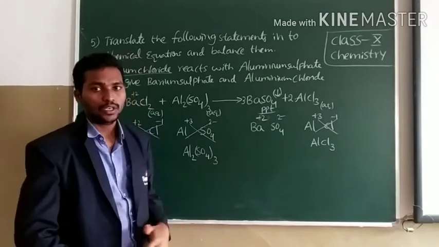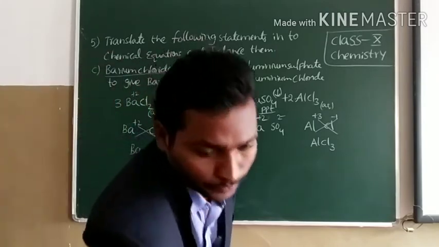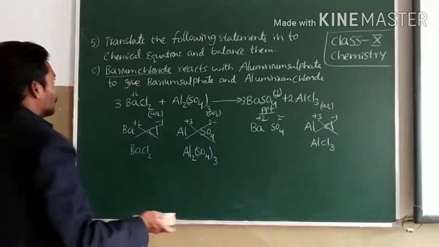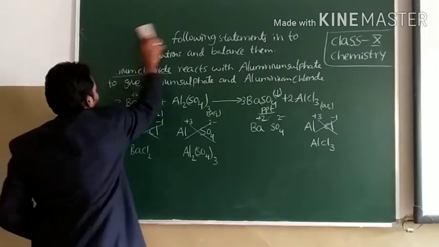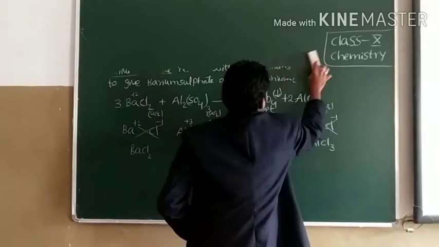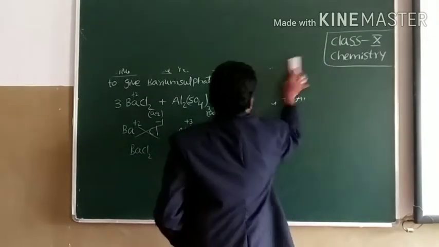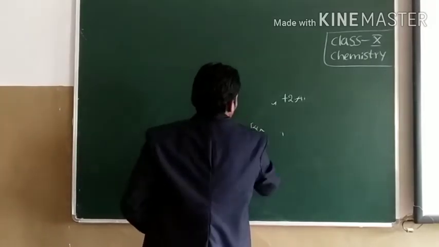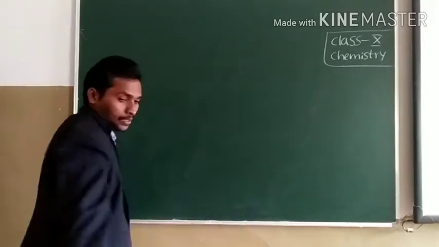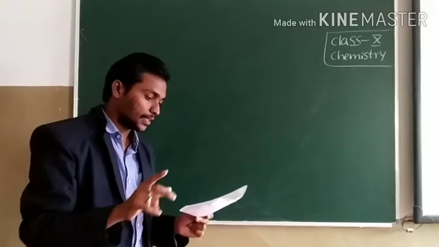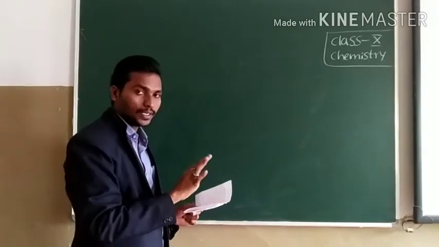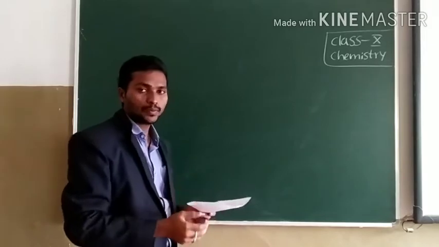Next, let us see one more problem. Question number 5 contains A, B, C, D, 4 questions, children. In that I explained one question. You have to try the remaining questions.